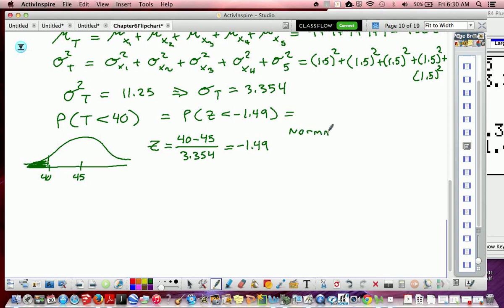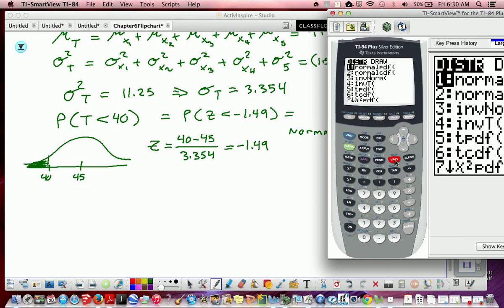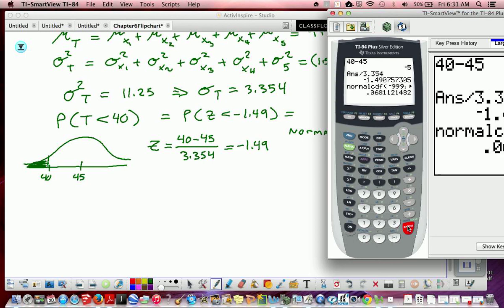We can calculate that using normal CDF or Table A. Our lower bound is negative infinity, upper bound is negative 1.49. So quick calculation, second VARS, normal CDF, negative 999 to negative 1.49. Go ahead and hit enter, 0.068.